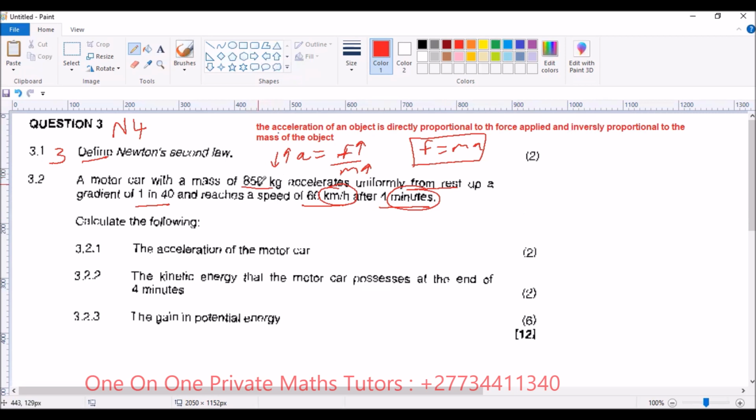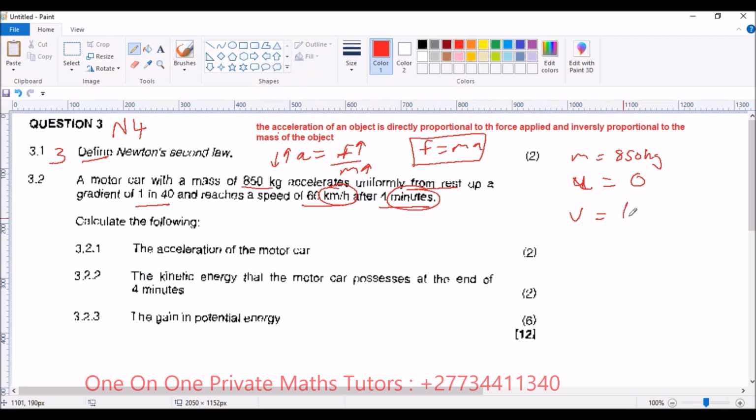It's at 850 kgs. This is all right. So m is 850 kgs. u, initial, accelerates from rest. So u, which is our initial velocity, will be 0 since we are starting from rest, and v is equal to 60 kilometers per hour into meters per second.